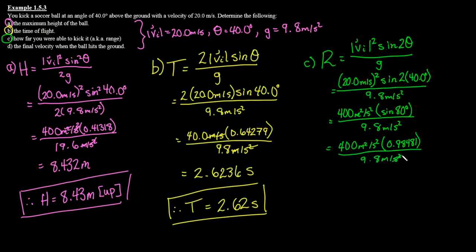Again, your seconds squared are going to cancel out. One of your meters cancels out, leaving you with meters. And we get an answer of 40.1962 meters. So the range is 40.2 meters forward.